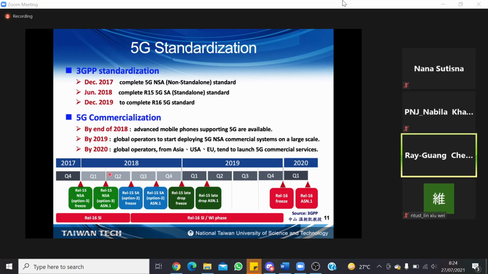Half a year later, Release 15 further defined the standard for standalone. This is the pure 5G network. At the end of 2019 is Release 16. Now is around the end of Release 17.